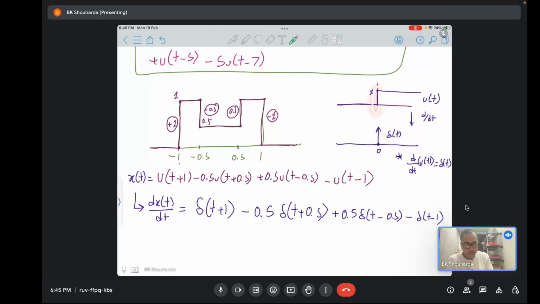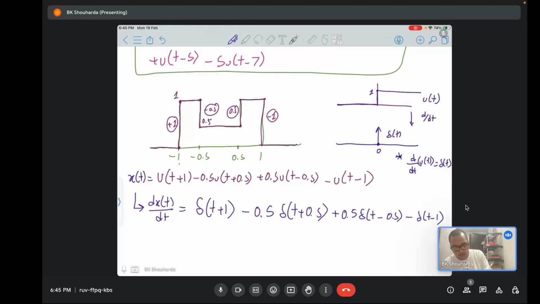The location of the discontinuity is shown by the position of this delta t, and the magnitude of this jump is shown by the area of delta t. I would not say amplitude, I would say the area, because had it been 2, then it would have been 2 delta t. The magnitude of delta t is infinity, but the area of delta t is 1. So 2 delta t would have an area of 2.